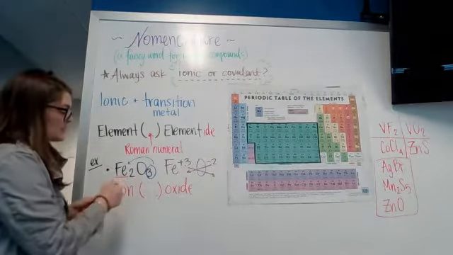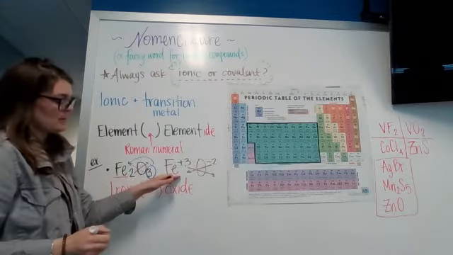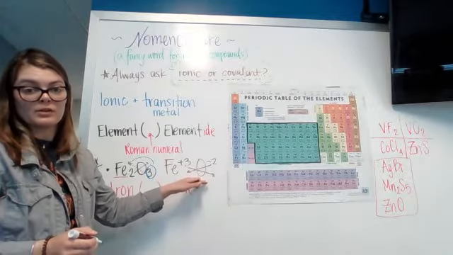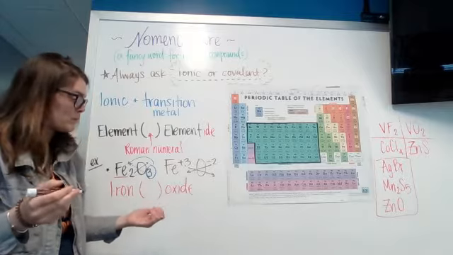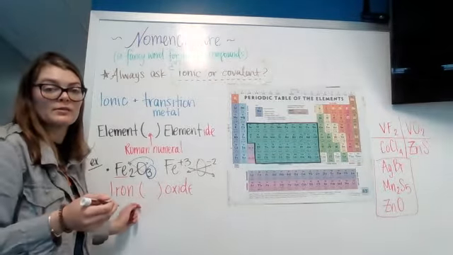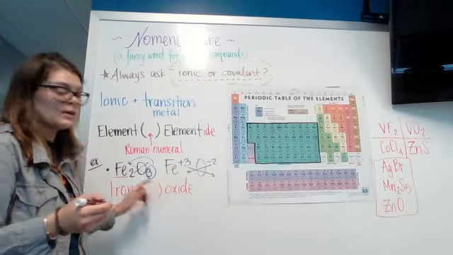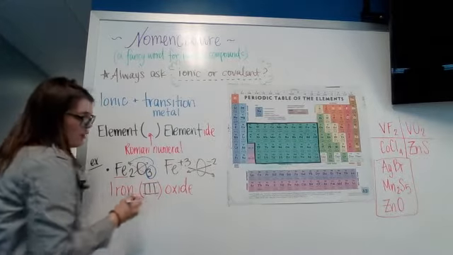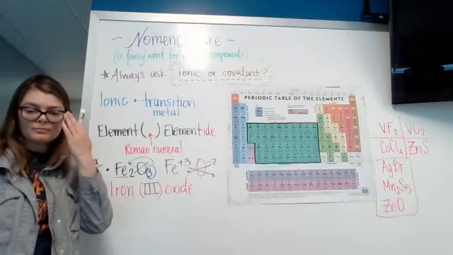So in a situation like this, if we uncrisscross them, we see that the 3 belongs to iron, the 2 belongs to oxygen. So we have iron oxide, that should make a lot of sense, but then we have to put the number that belongs with iron in the middle. So this is going to be iron 3 oxide because that 3 belongs with iron.